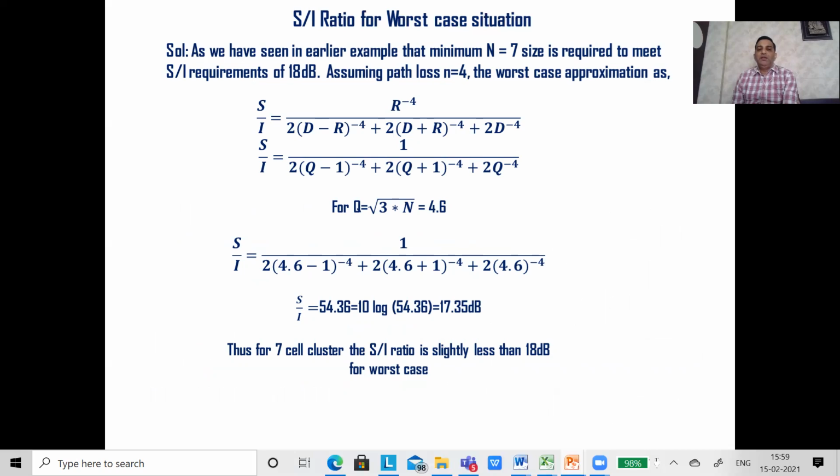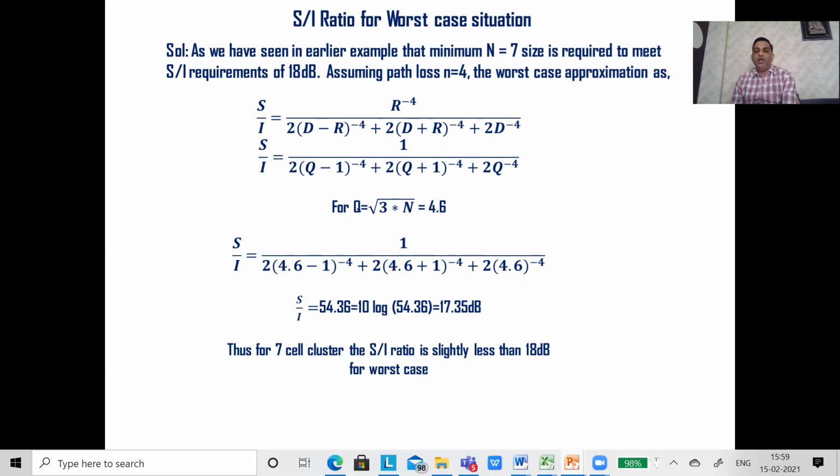As we have seen in the earlier example, N equal to 7 is required to meet the S by I requirement of 18 dB. Here the path loss exponent is considered as n equal to 4. Putting all these values in the approximation of the worst case situation, that is S by I equal to the given expression.